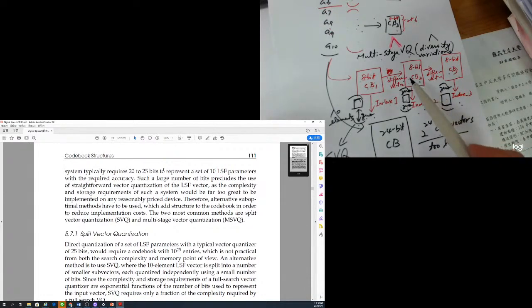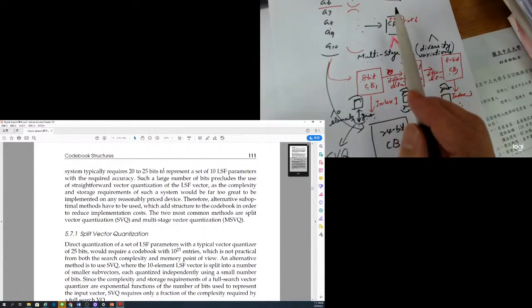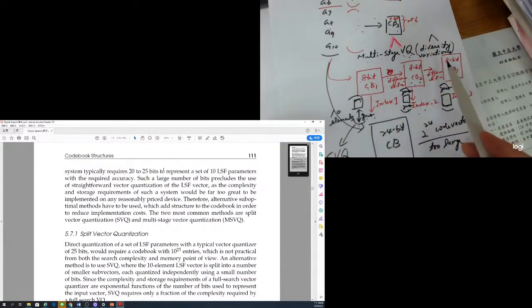So multiple stage vector quantization has higher complexity, but better performance than split vector quantization.